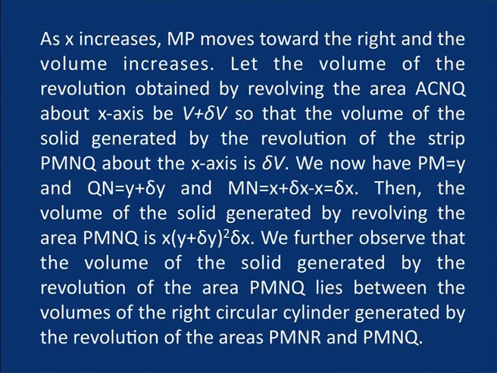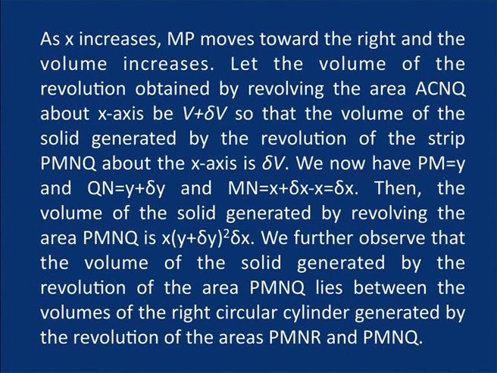As x increases, MP moves towards the right and the volume increases. Let the volume obtained by revolving the area ACNQ about the x-axis be V plus delta V, so that the volume of the solid generated by the revolution of the strip PMNQ about the x-axis is delta V.